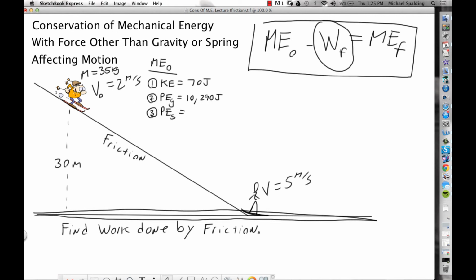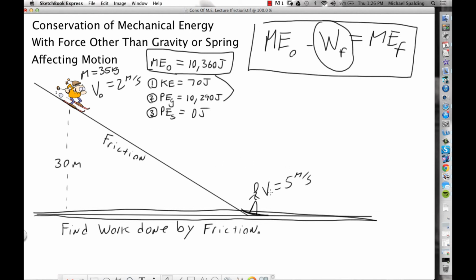Is there any spring up there? Nope, so that's 0, right? What is his total mechanical energy initial? 10,360 joules. How did I get that? I added these two together, right? His total mechanical energy initial, 10,360.